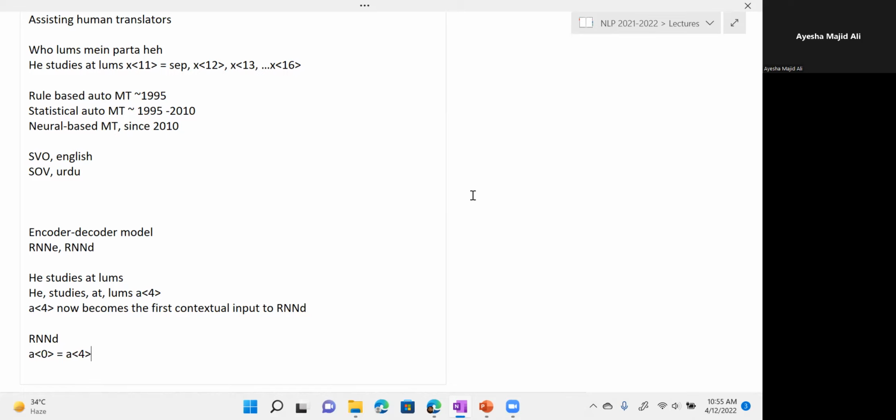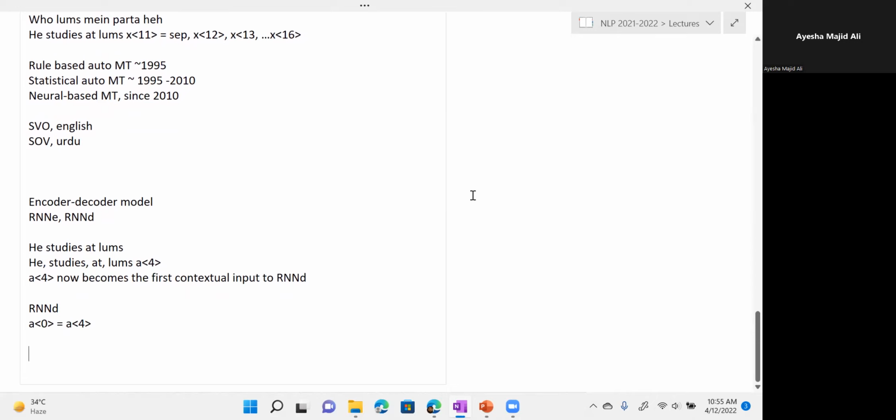अब during training, of course, आपके पास उस sentence का सारा उर्दू का भी है. So remember, we are translating from English to Urdu, let's say. तो इसका जो reference translated sentence जो उर्दू में होगा, वो लम्स में पढ़ता है. ठीक है ना.